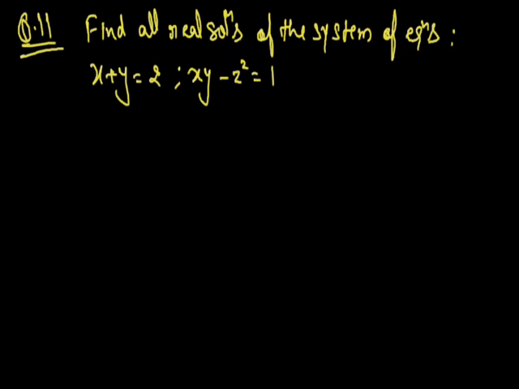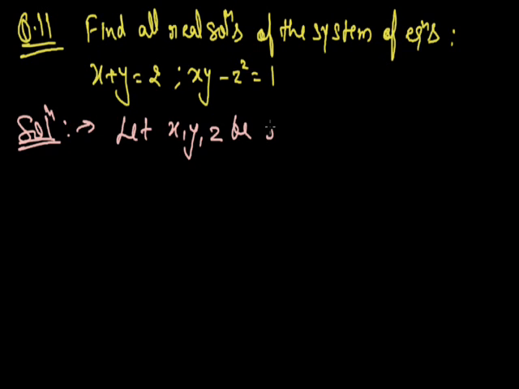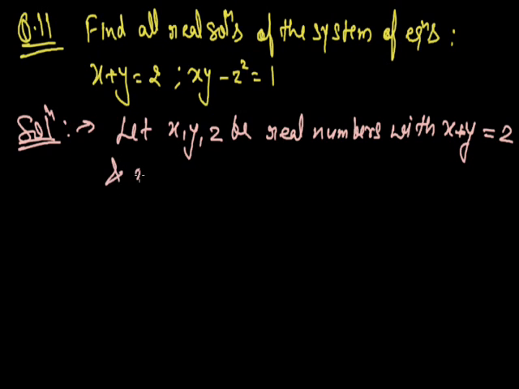Now to solve the above sum, let x, y, z be real numbers with x plus y is equal to 2 and xy minus z square is equal to 1, as we have given in the question.